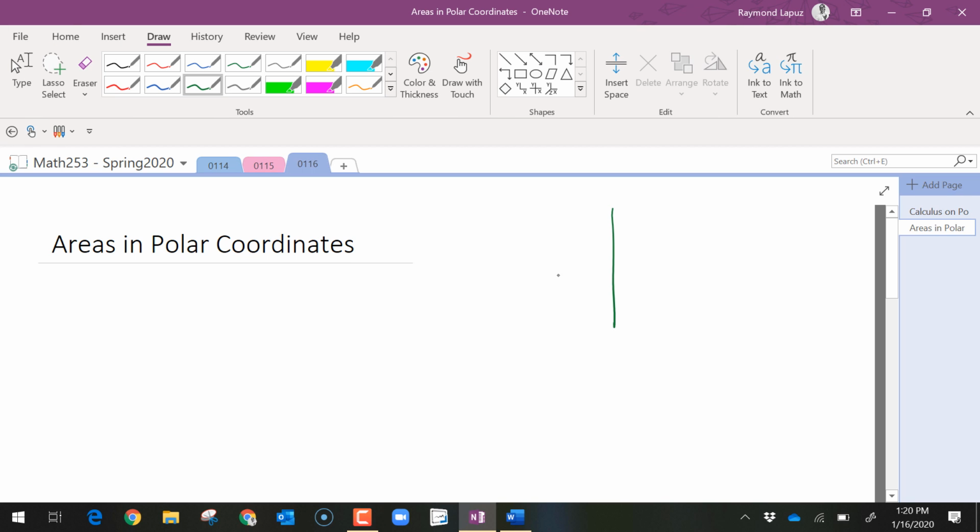Do you remember what the area of a sector is? So let's say we have an angle theta and a radius, and let's say this is a piece of a big circle. Anybody know what that area is?